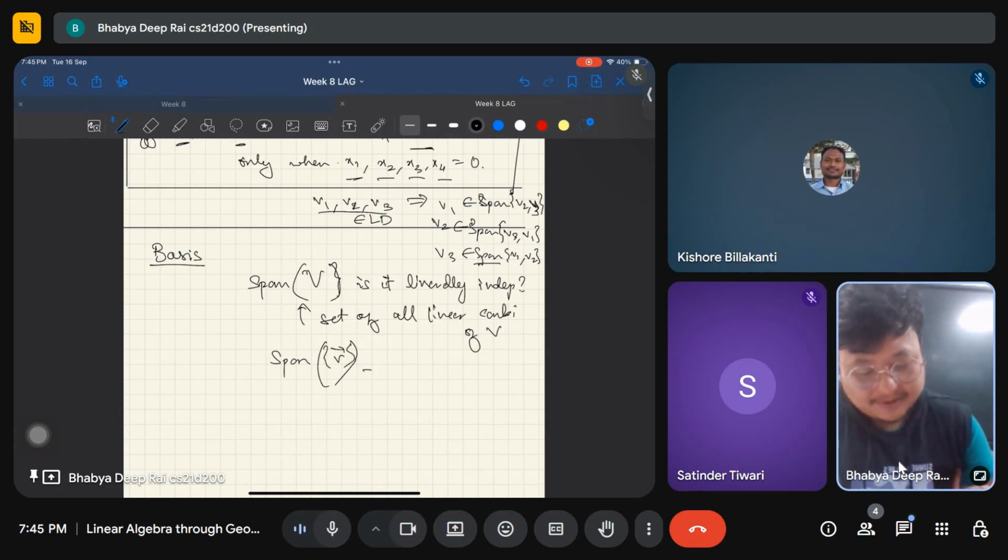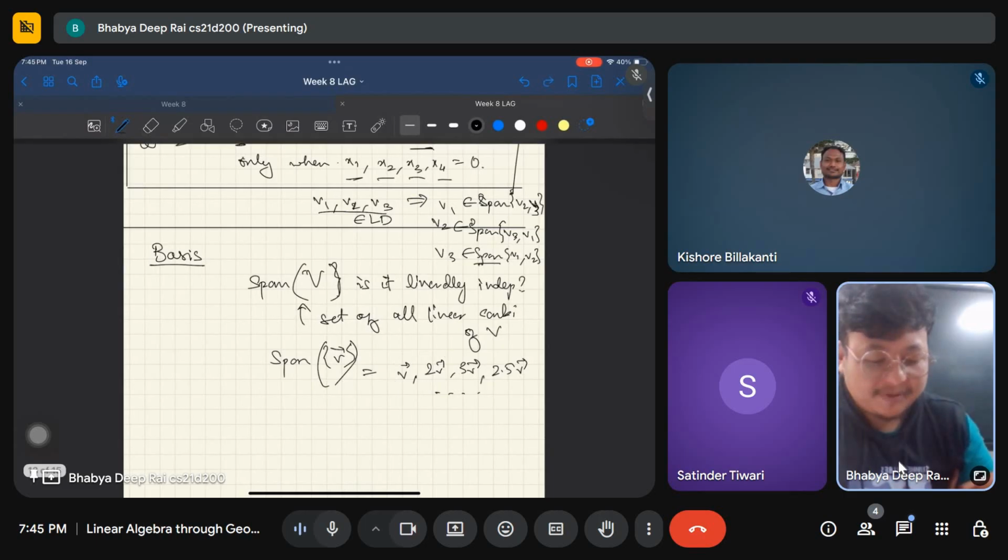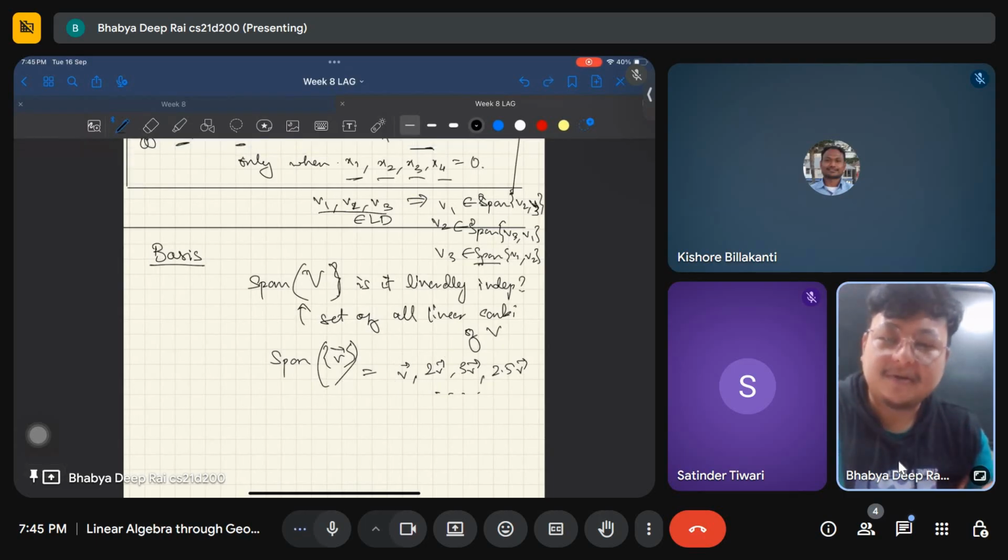But the span of this will contain V also. It will contain 2V, 3V, 2.5V, and so on. So any two vectors I pick from here will always be linearly dependent.